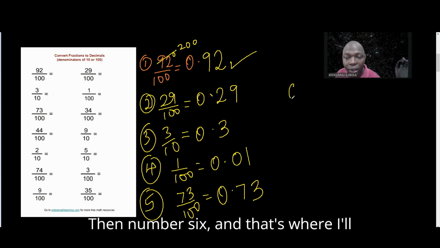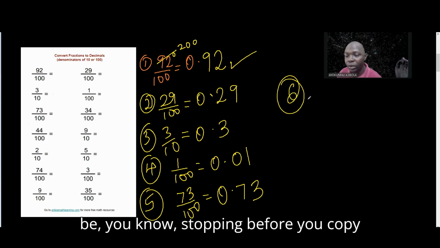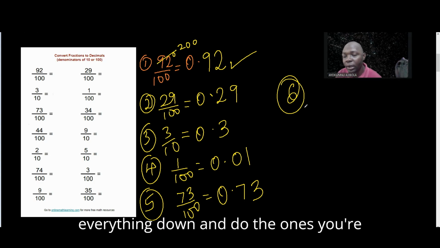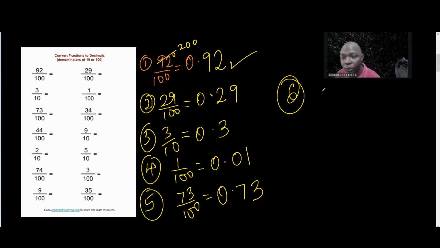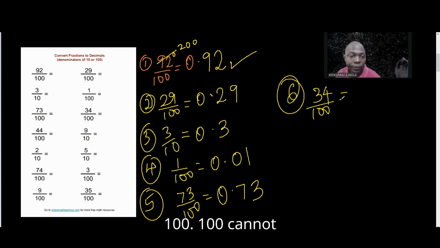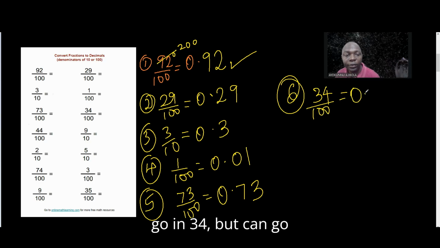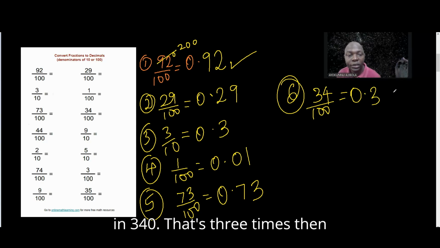Then number 6, and that's where I'll be stopping before you copy everything down and do the ones you're going to do. Number 6, we have 34 over 100. 34 divided by 100. 100 cannot go in 34, but can go in 340. That's 3 times. Then remainder 40.